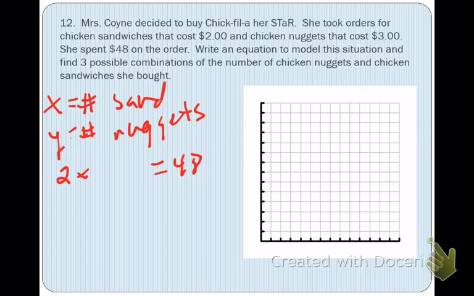And the cost from nuggets, I'm going to take the number of nuggets that are ordered and multiply it by the $3. Now, that means that here's our x-axis, here's our y, so x is sandwiches, and y are nuggets. That's going to get us in trouble, I'm sure.